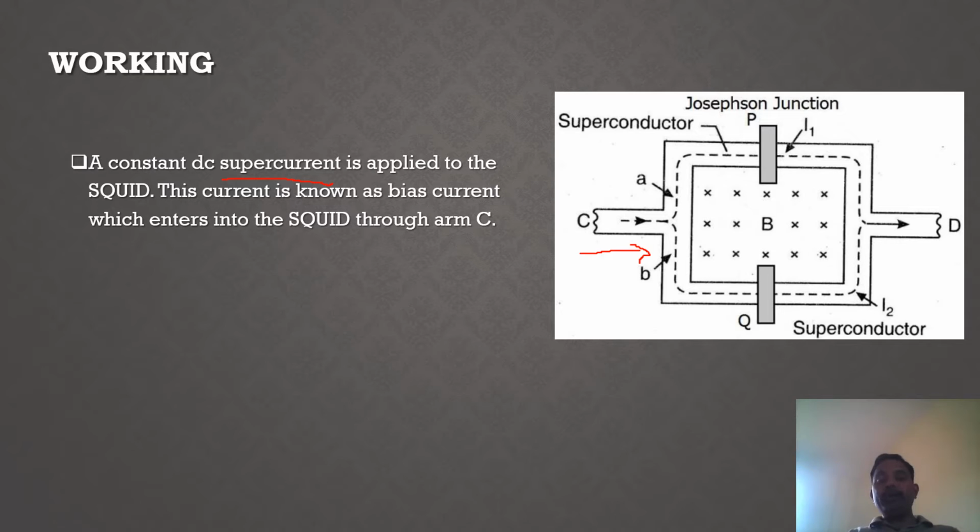I am repeating this point again. A constant DC supercurrent is applied to the SQUID.